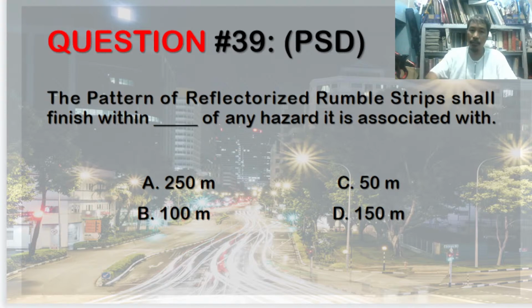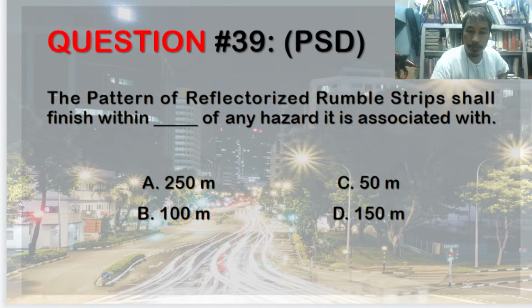The rumble strip must be reflectorized so that the headlight of the car will reflect back its light, so it additionally would alert the driver.